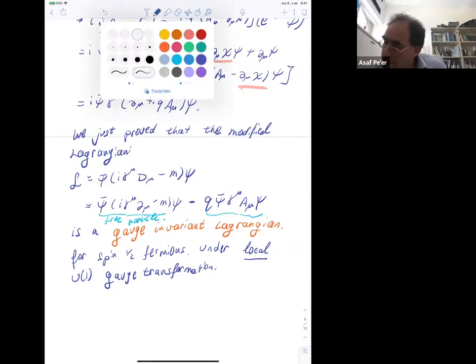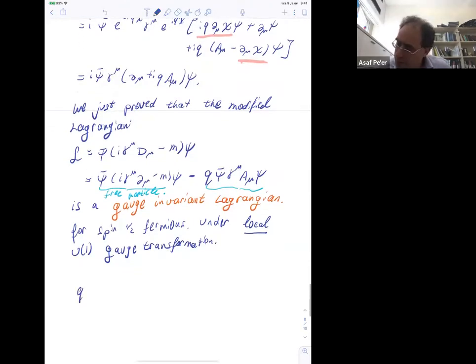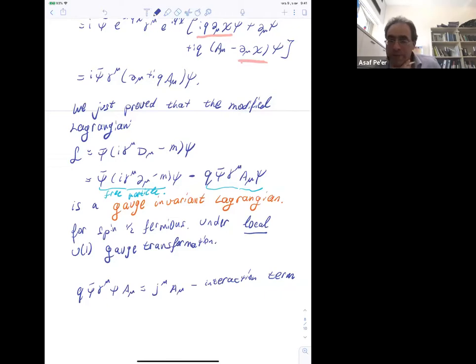Exactly. Right. So this term, right, q psi bar gamma mu, I can change the order, psi A mu. I can write it down as j mu A mu. Right. So we have an interaction term, right, between what?